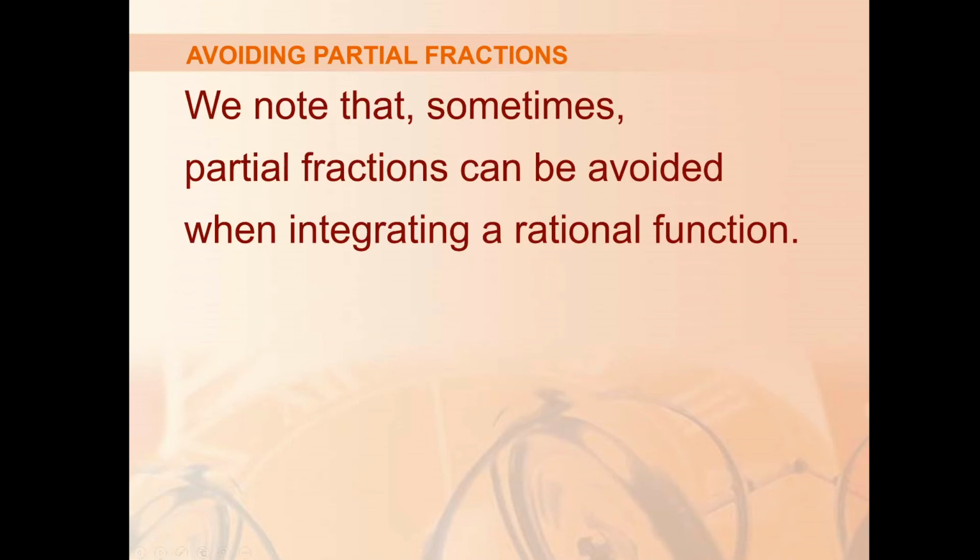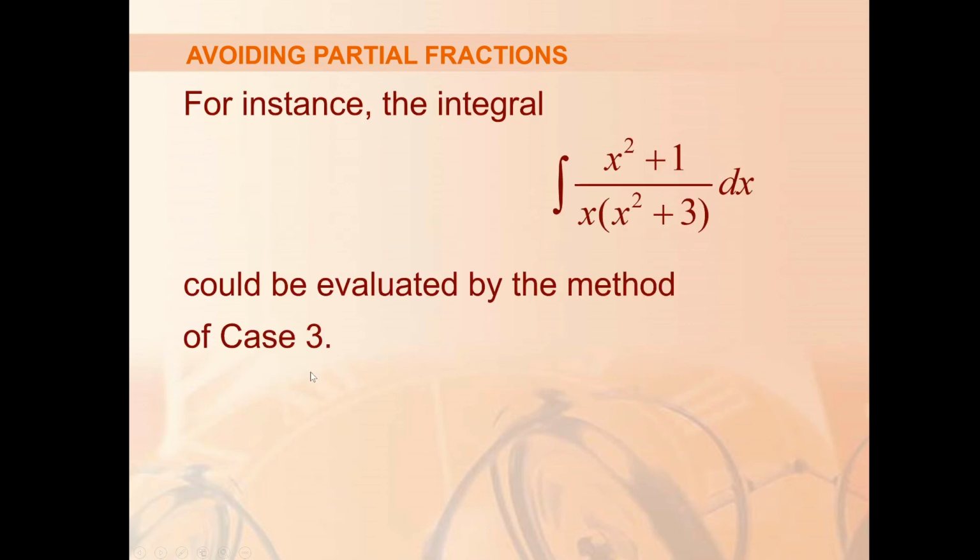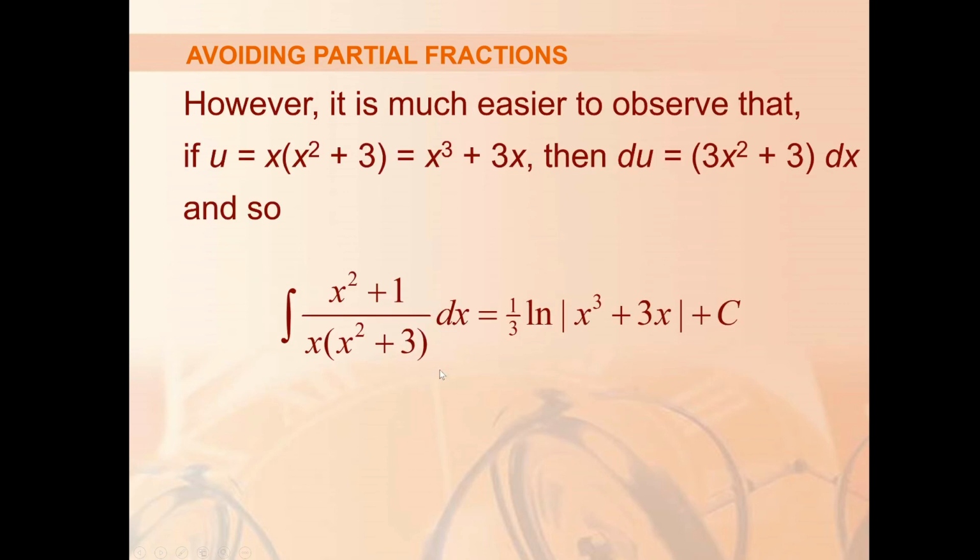So we know that sometimes partial fractions can be avoided when integrating a rational function. Okay, so something like this. This one could be evaluated by the method of case 3, in the video that I put up earlier. So this one, using the u substitution, we found that u can be written as x to the power of 3 plus 3x if you distribute the denominator.